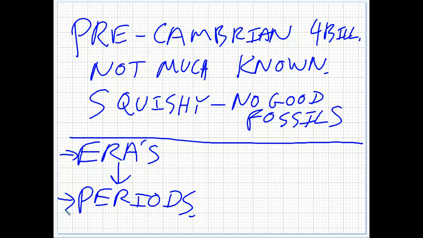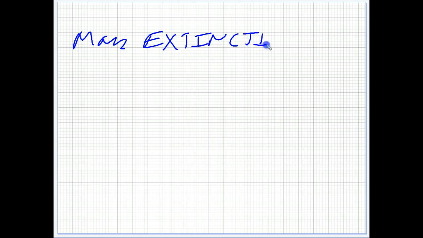Now as we move on, we got a couple unanswered questions. And the first is mass extinction. We know that mass extinctions occur without a doubt because it's in the fossil record. Lots of animals used to live but no longer live, but they could have been caused by a couple different things.